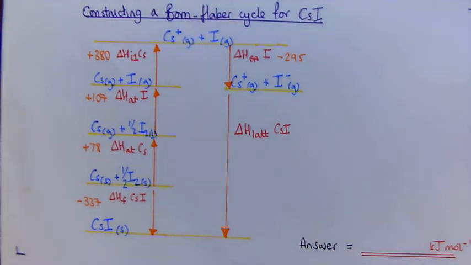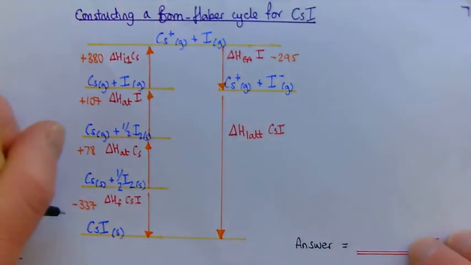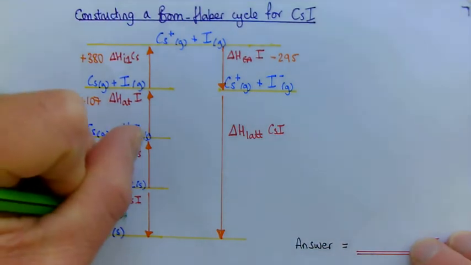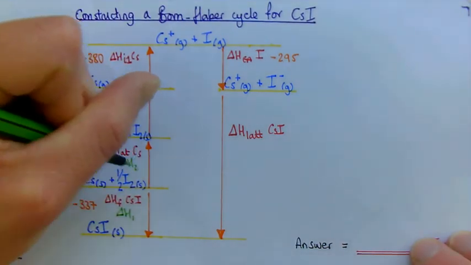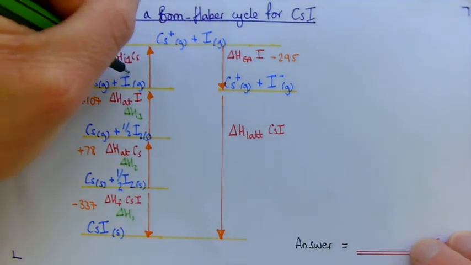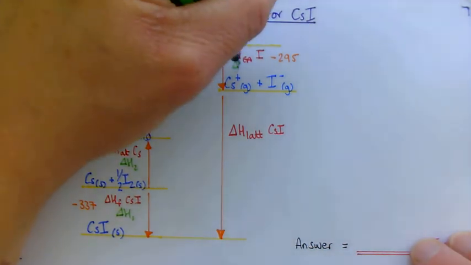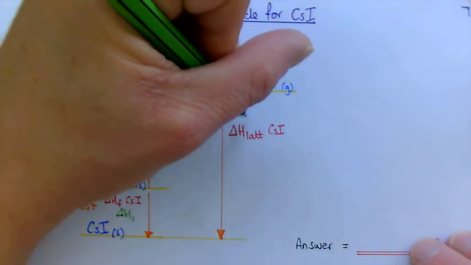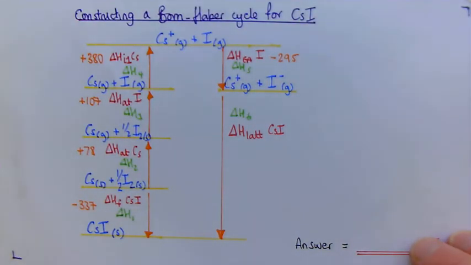Right, so here's how I do it. Now, there are other methods available. I'm sure some of you will just try and punch it straight into your calculator, but here's how I do it. I'm just going to label them arbitrarily: delta H1, delta H2, delta H3, delta H4, delta H5 and delta H6. Then we can construct an equation which follows the arrows around.